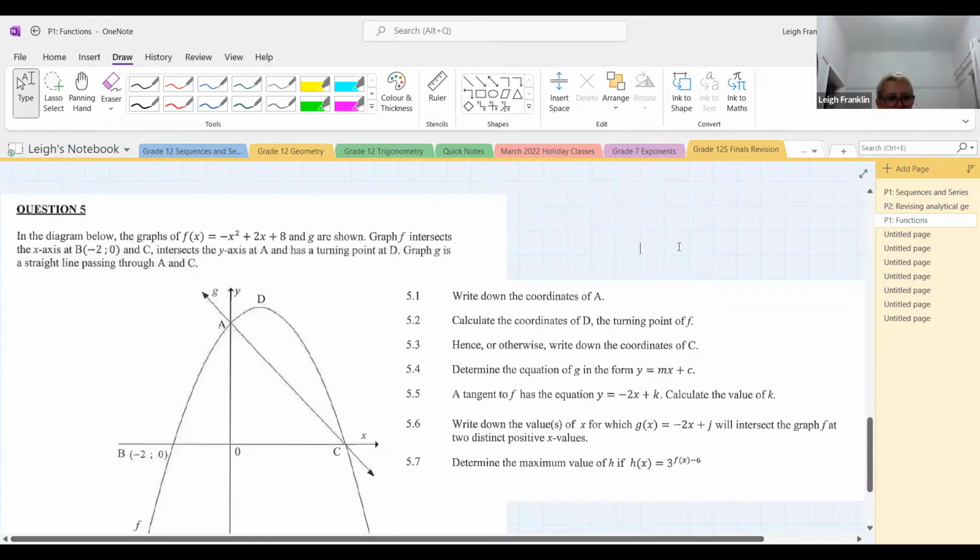Okay, so question 5. It says to us, in the diagram below, the graphs of f of x equals minus x squared plus 2x plus 8 and g are shown.